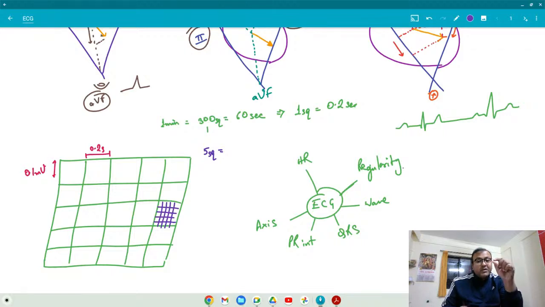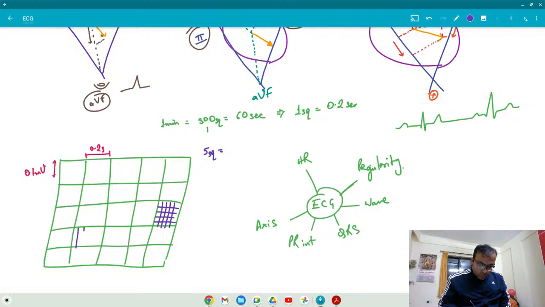No, no, these are five small squares, tiny squares. One big square is taking how much time to cross? And one big square is equal to how many small squares?